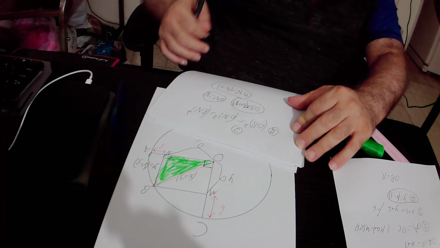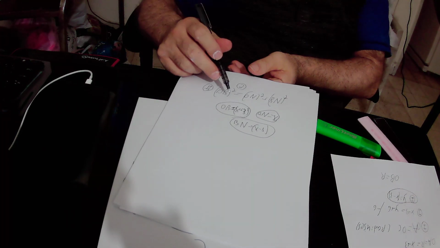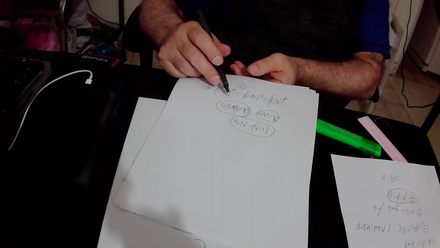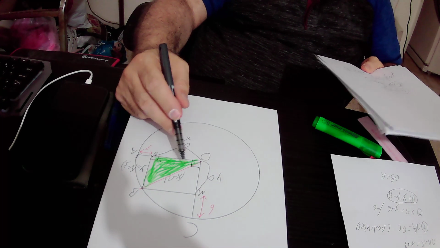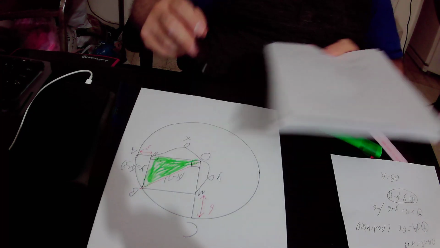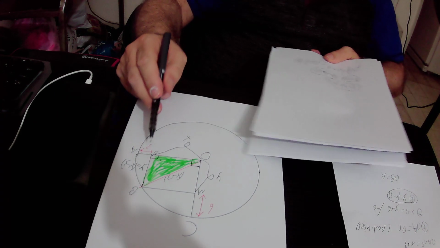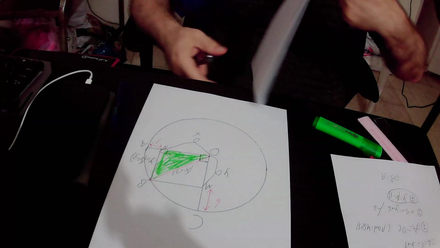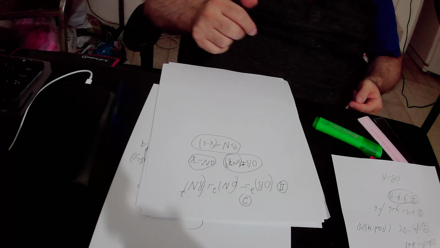Again, OB, the hypotenuse of this right green triangle, is x plus 3, ON is x, and NB equals x minus 3. So we can put the data in equation number 2.